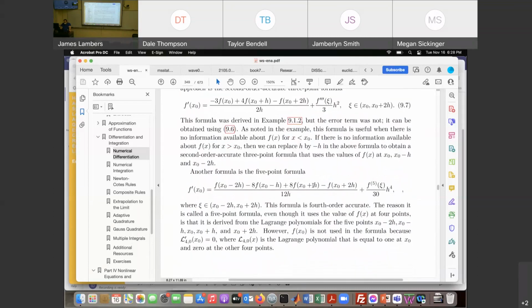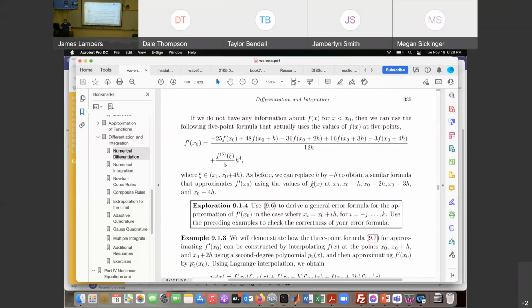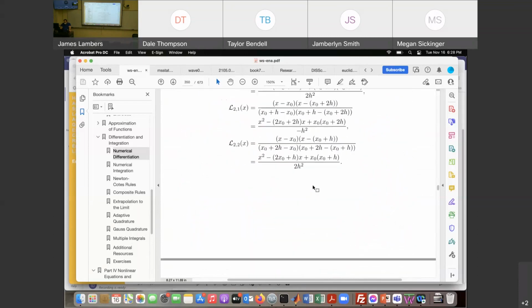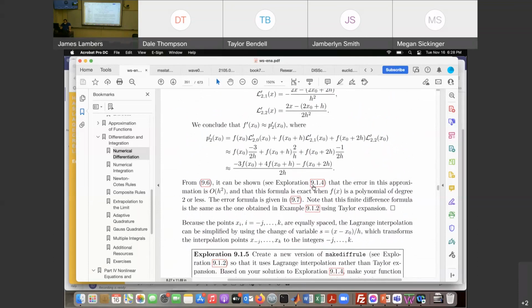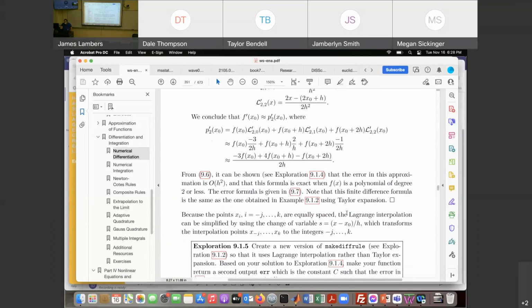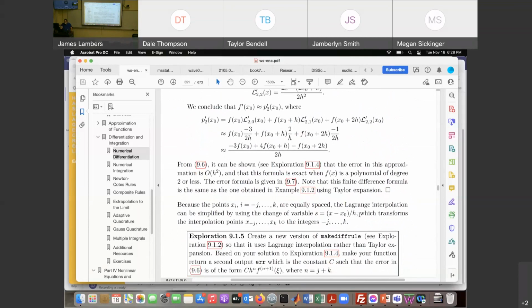Let's see if I mentioned that anywhere in here, but I don't think it did. Kind of. This is what I was referring to, the change of variable.